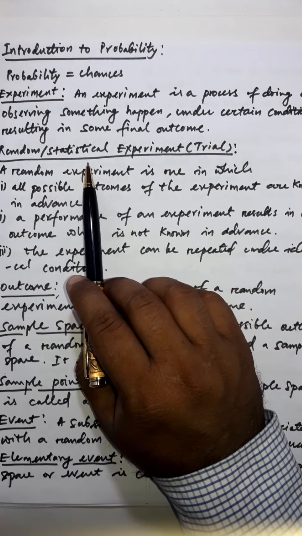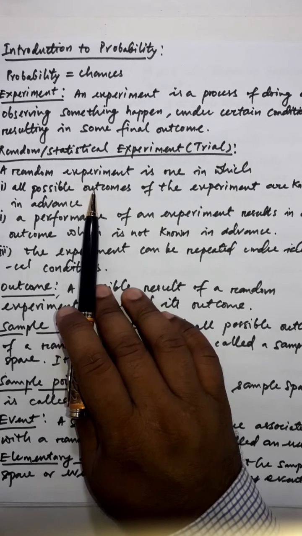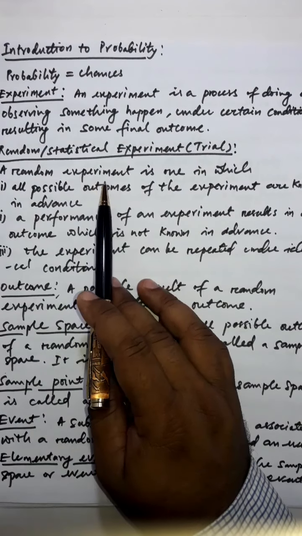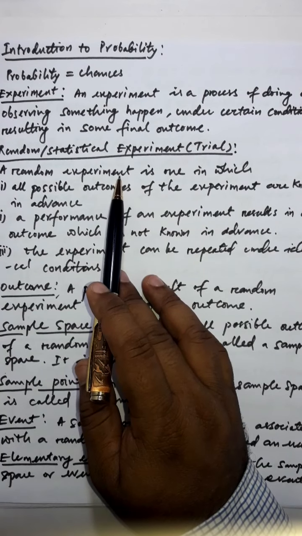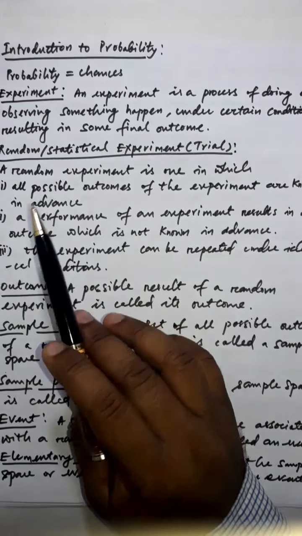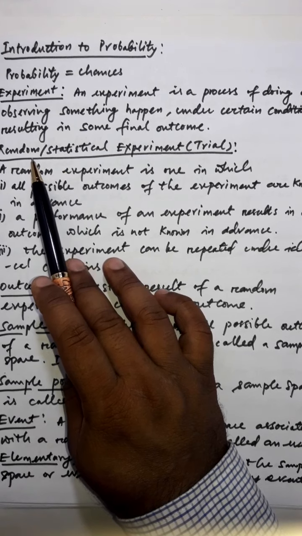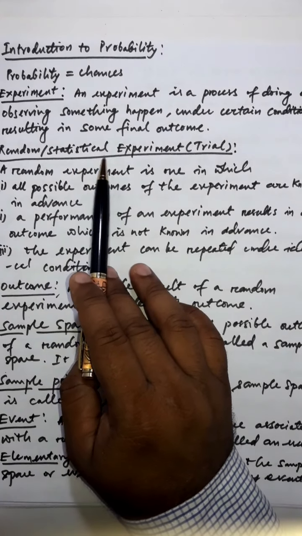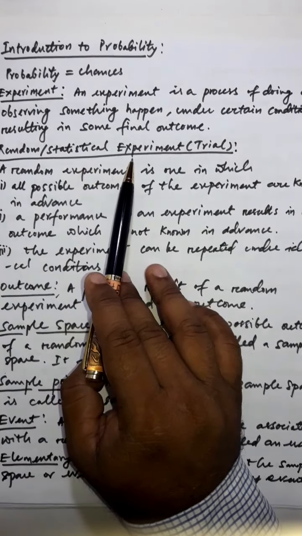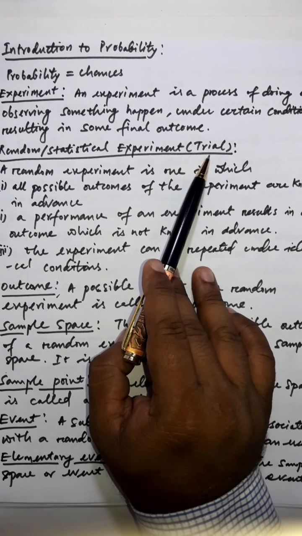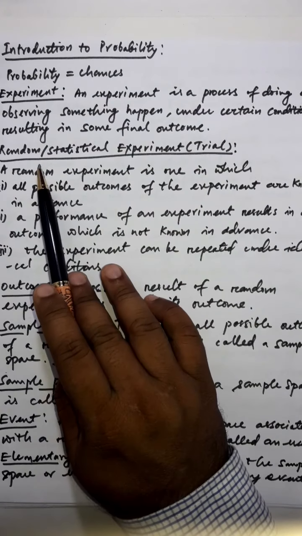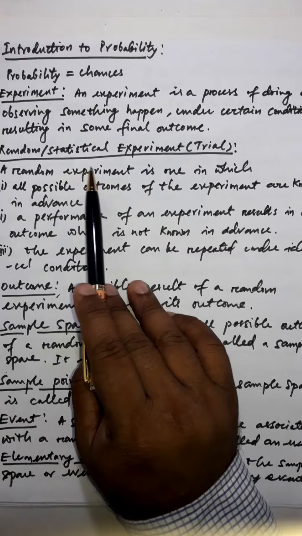Okay friends, now let's come to a special type of experiment that we need for our discussion of probability, and that special type of experiment is called a random experiment or statistical experiment, or it is shortly called a trial. So what is that random experiment?